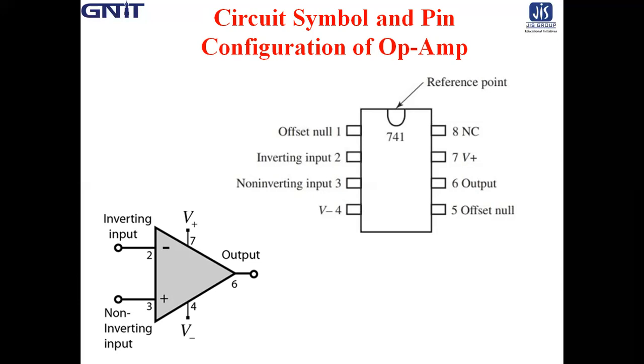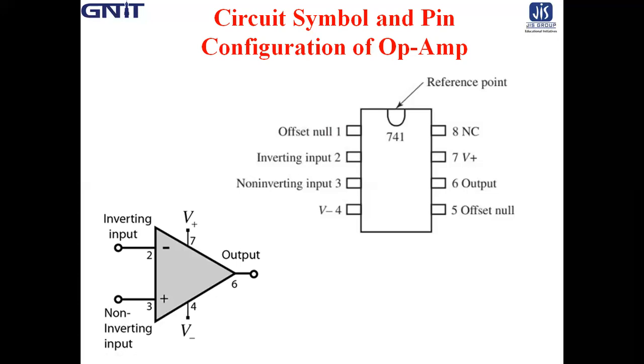But this is not so for a practical op-amp due to mismatch of built-in transistors following inverting and non-inverting input terminals. This results in unequal bias currents flowing through the input terminals. Therefore, to balance the output or to achieve offset null, an input offset voltage is applied between the two input terminals. Clear about offset null?